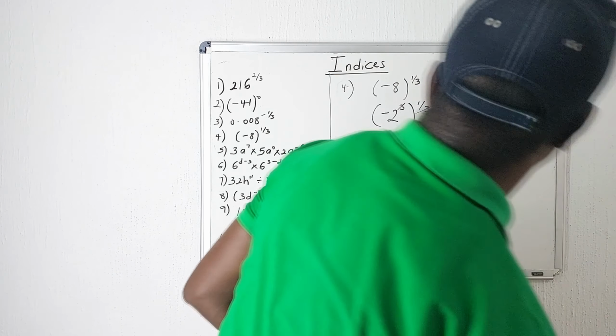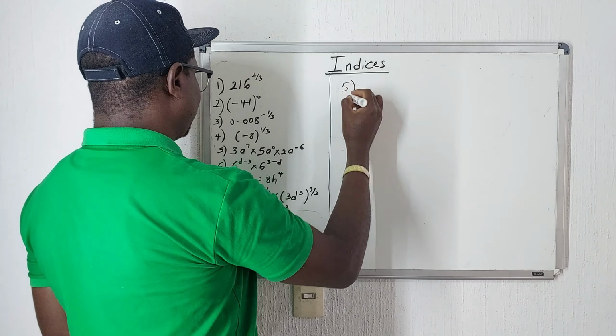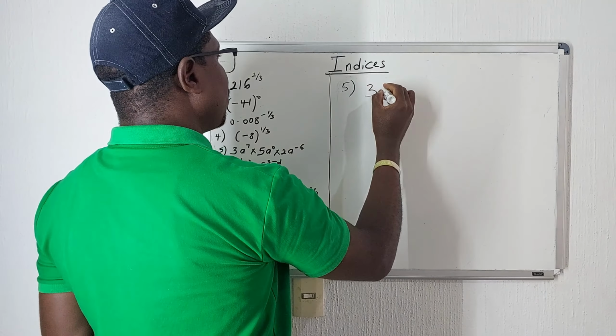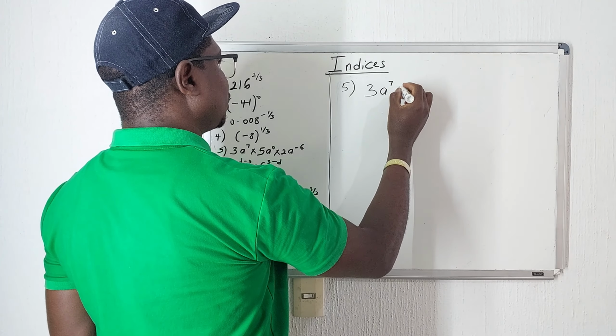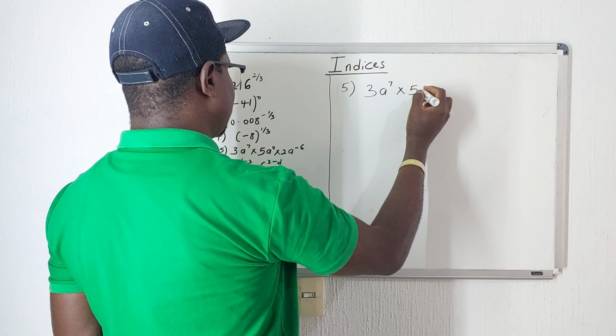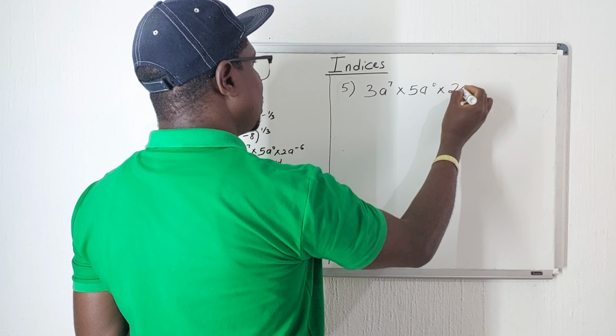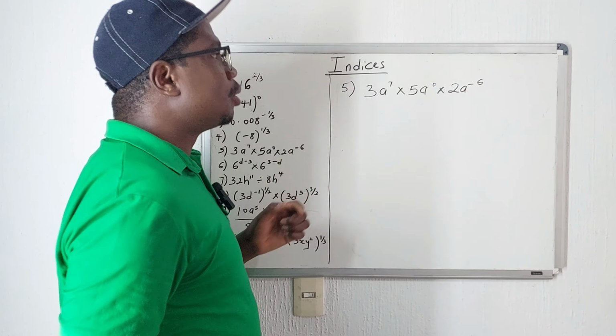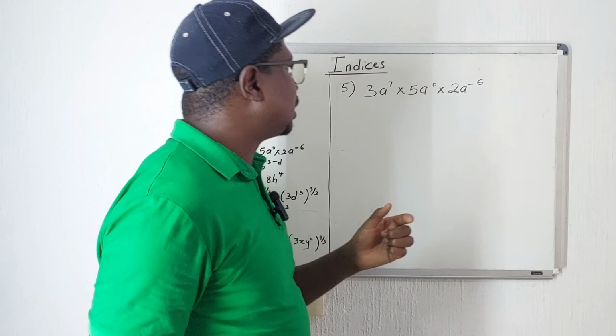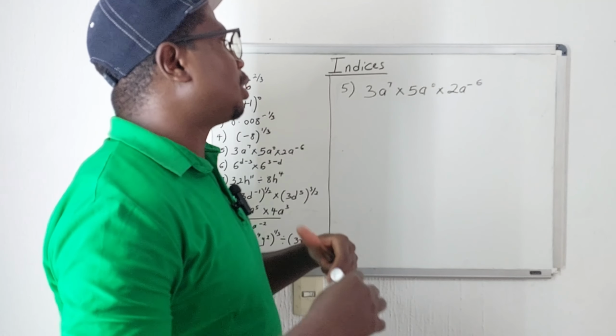So move to the next question. Number 5, we have 3a^7 times 5a^0 times 2a^-6. So how do we solve something like this? It's very simple. Just apply the laws again.